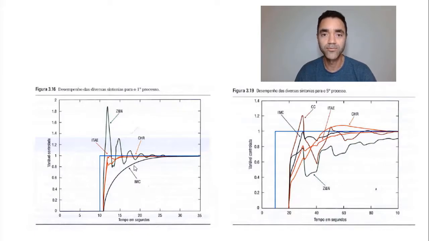Depending on the kind of process, we can have the Ziegler-Nichols with a lot of deviation, and the CHR with a small deviation. And in this other process, we have a lot of deviations, and some methods are more stable to the disturbance in the process than Ziegler and Nichols.